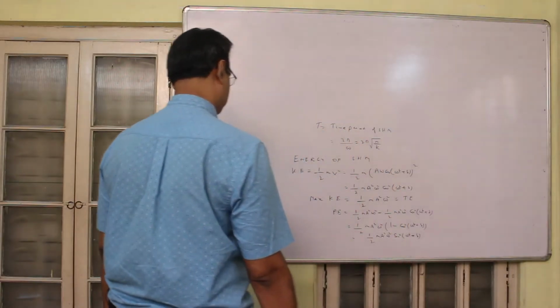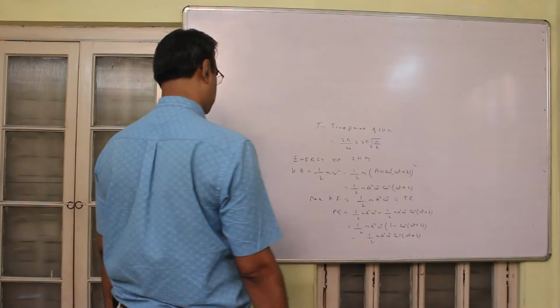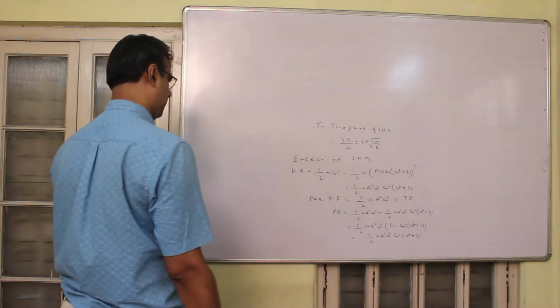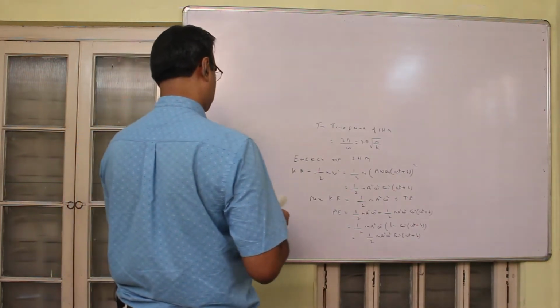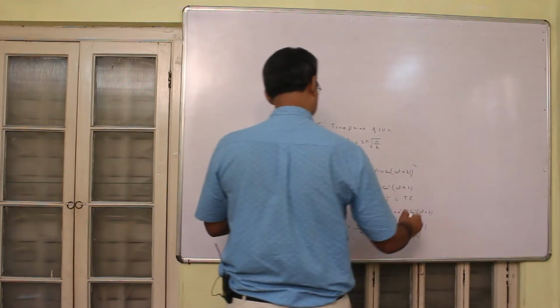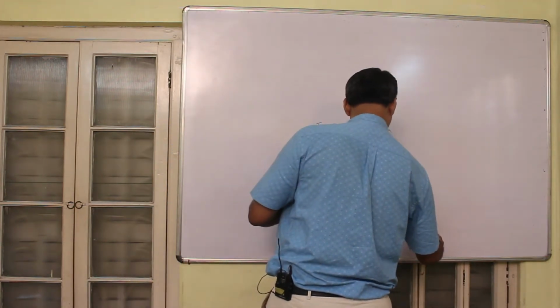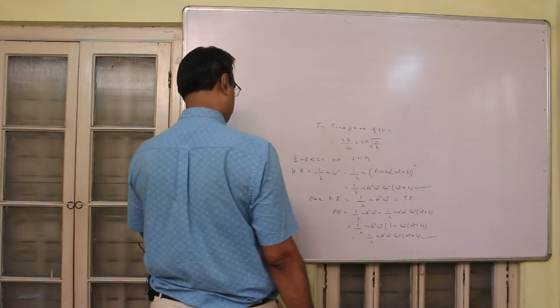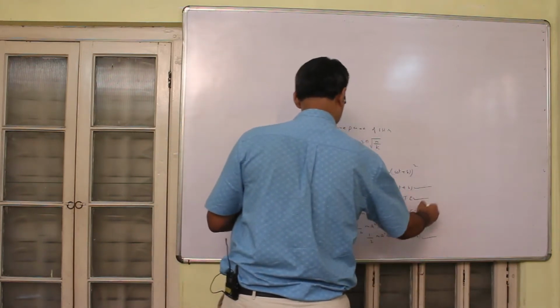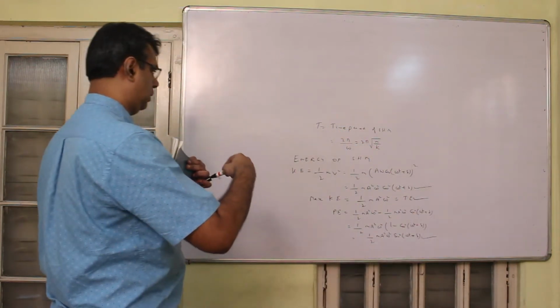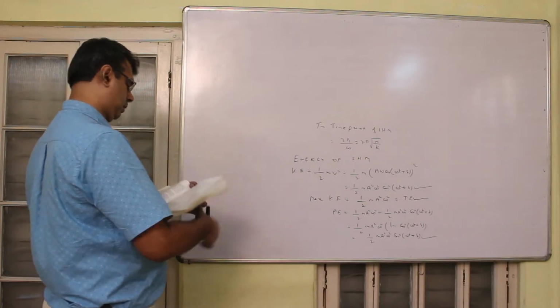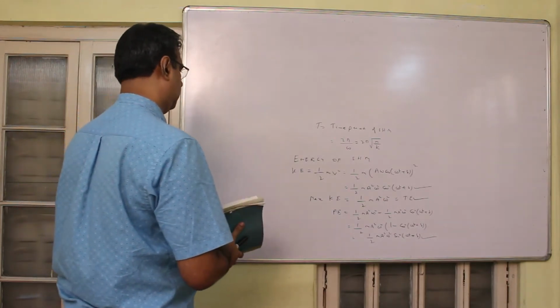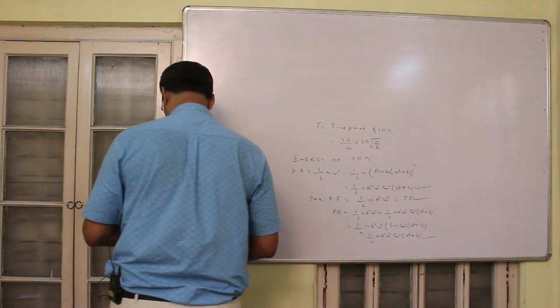So half m a square omega square into sin square omega t plus delta. So this is the formula for kinetic energy, and this is the formula for potential energy, and this is the formula for total energy. So these are the formulas to find the energy of SHM.